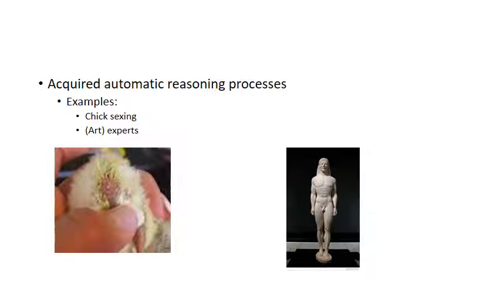It's very hard to see when they're very young, and there's an important economic interest in making that distinction and separating the chickens from the roosters, because the roosters go straight to the meat industry, and the chickens will be used for laying eggs and for the egg industry. Now there are many machines that are able to do that, but before, people had to make that distinction, and it's incredibly hard to see the difference. There's no one characteristic that shows you, well, this will be a chicken and this will be a rooster.